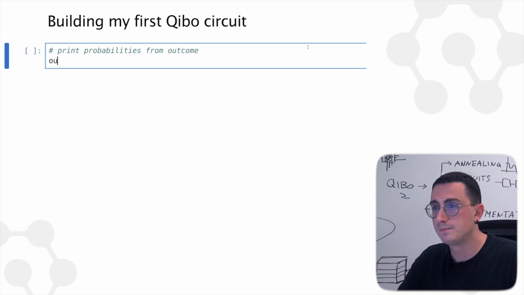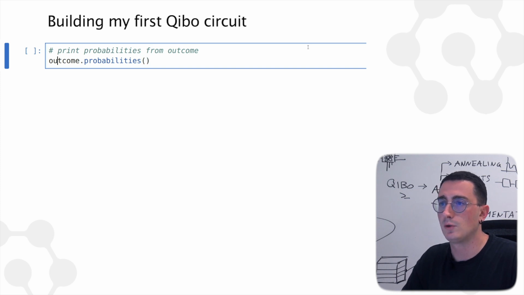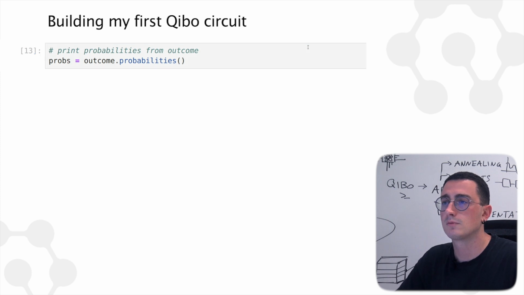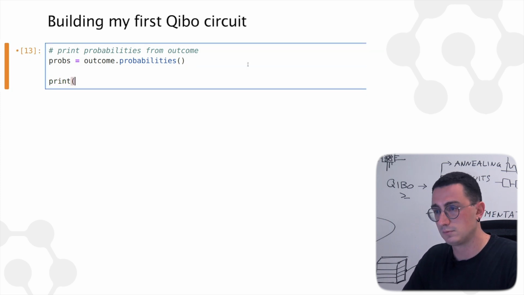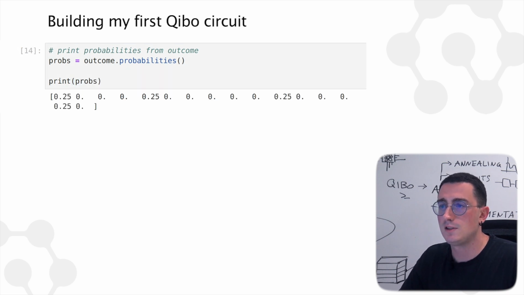So we say outcome.probabilities, and we can save it into some object like probs, which we can print. As you can see, we have the same bit strings as before, but at this time we have the values of the probability corresponding to each state.